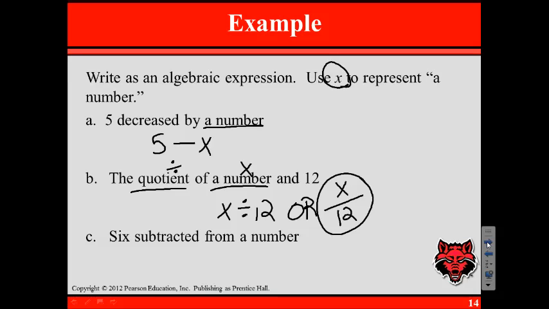And the last example, and this is a little tricky, that's why we have included it in this video: 6 subtracted from a number. This phrase, subtracted from, has killed many dreams in developmental math. Anytime we see the phrase subtracted from, we will have to reverse the order. So here, let's write beneath reverse.